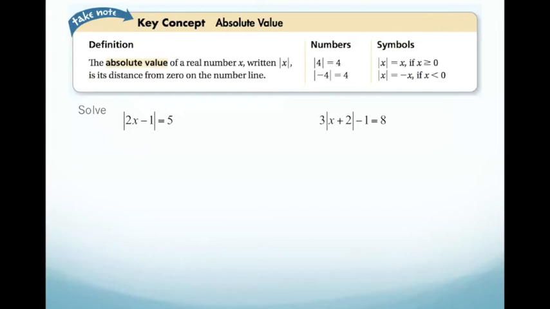The absolute value of -4 is the distance between 0 and -4, and that distance is also 4 units. So on a number line, with 0, here's 4, here's -4, both of those values are 4 units away from 0, and therefore they have the same absolute value.